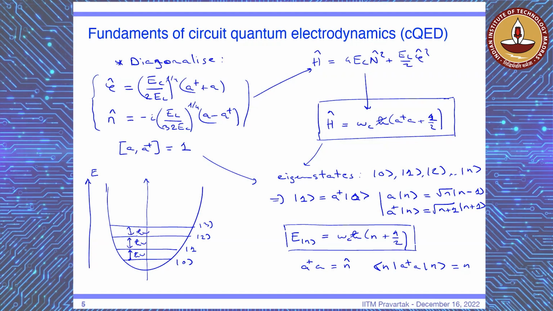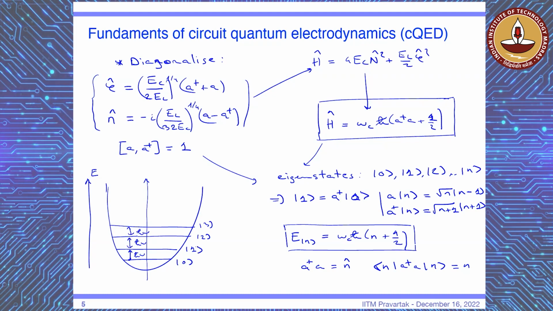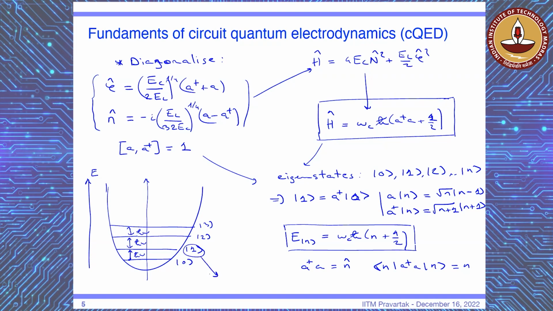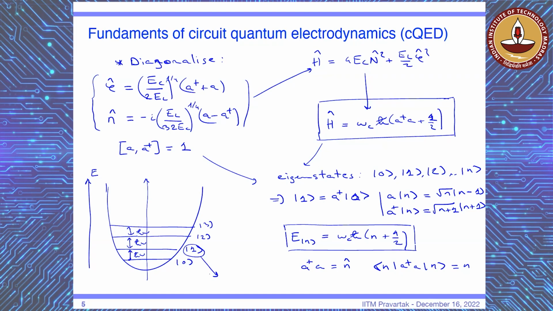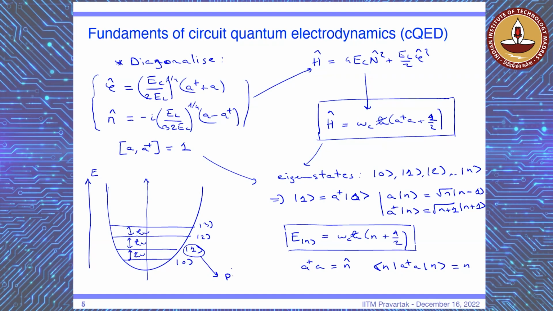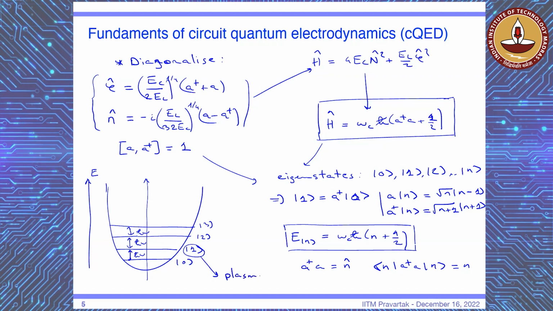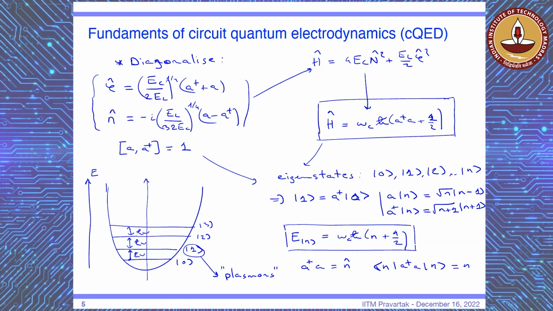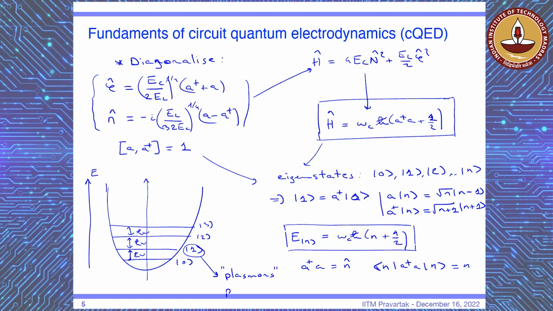So these states basically correspond to a single quantum in the system, which in the context of circuits are generally called plasmons. But nobody really uses that term because they're so analogous to photons that people just call them photons.